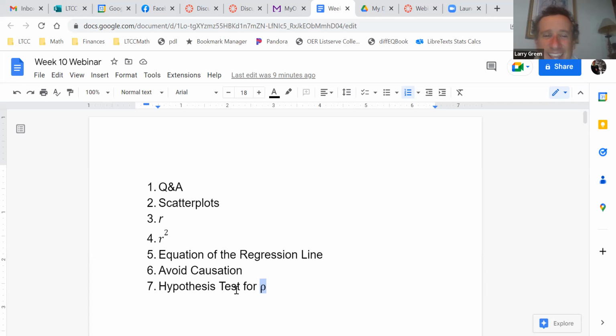It's the letter rho, and rho is, you may or may not know, the Greek letter for R. So R will be the correlation from the data. Rho will be the correlation for the population. So that's what we're going to be looking at. And you can only get a hypothesis test, you can't get the whole population in most cases. So that's what we're looking at. So that is the plan today.